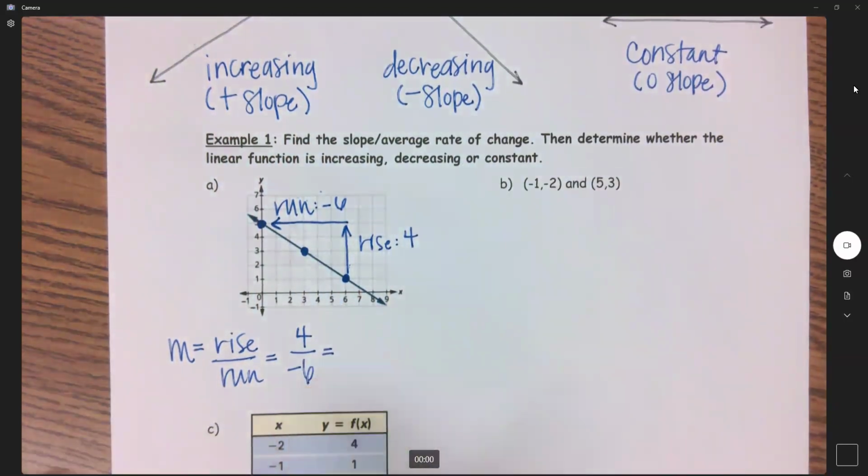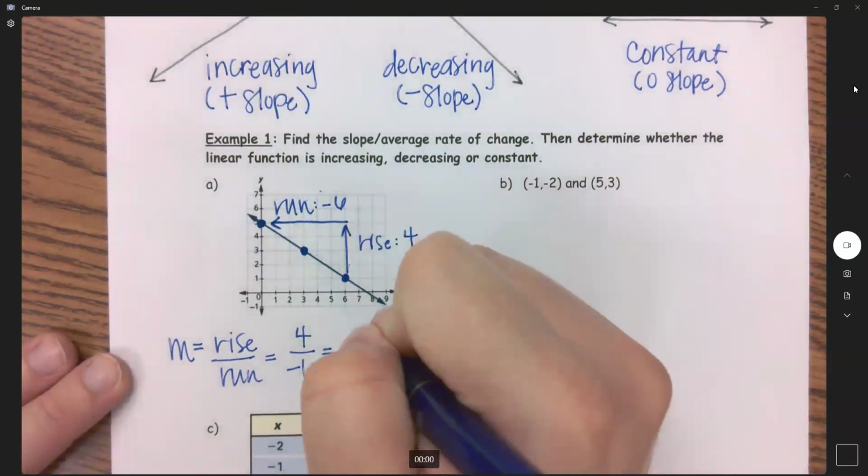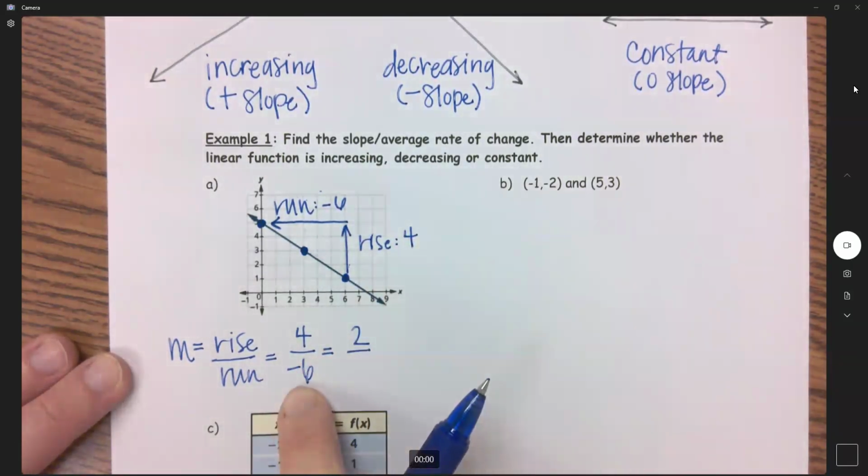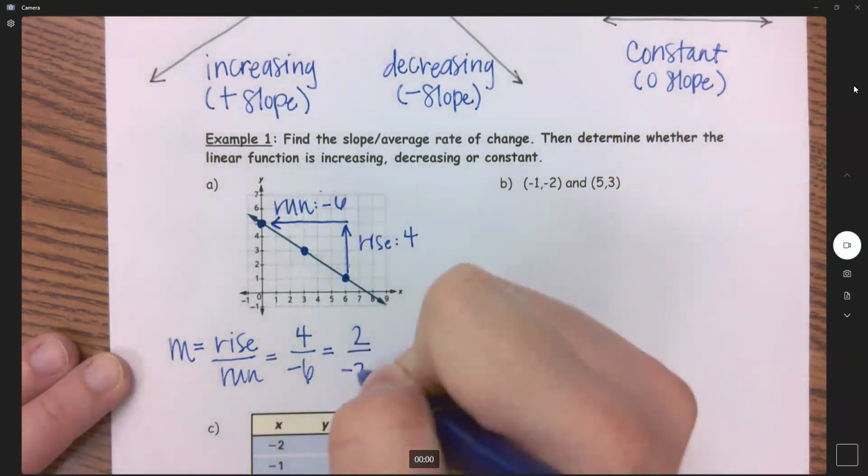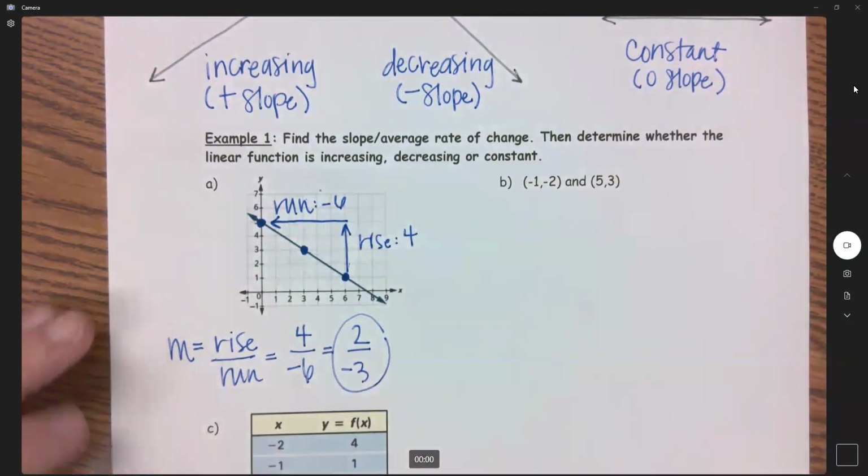Now we can reduce this right here. I get my calculator. Hopefully you can do that by hand. We can say, what can we divide into 4 and 6? And that is 2. So 4 divided by 2 is 2, and -6 divided by 2 is -3. So we have a slope of 2 over -3.